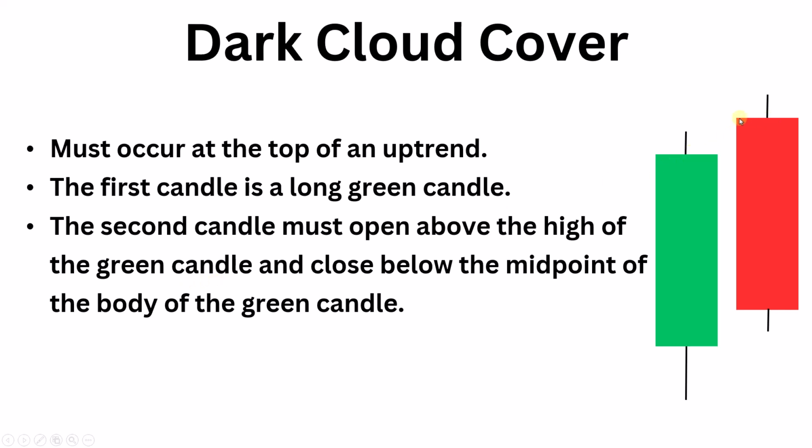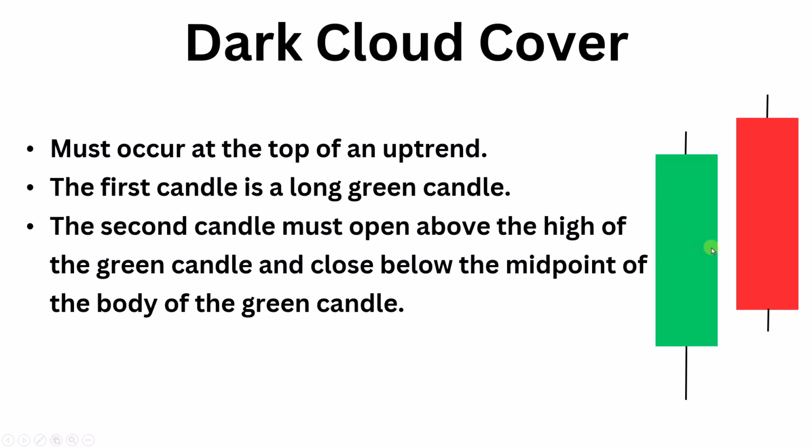The second candle must open above the high of the green candle, which has happened here, and close below the midpoint of the body of the green candle. So this is the green candle, and the green part that you see here is the body of the green candle.